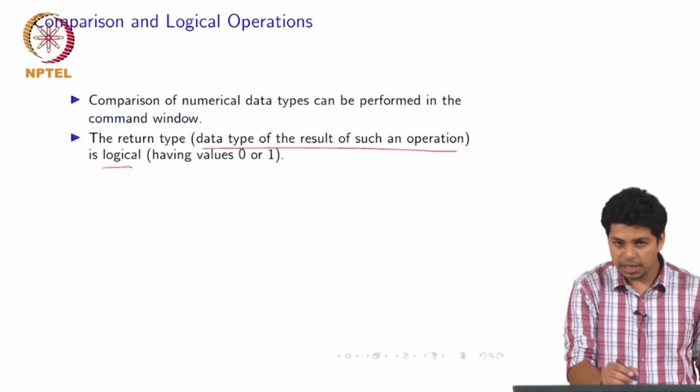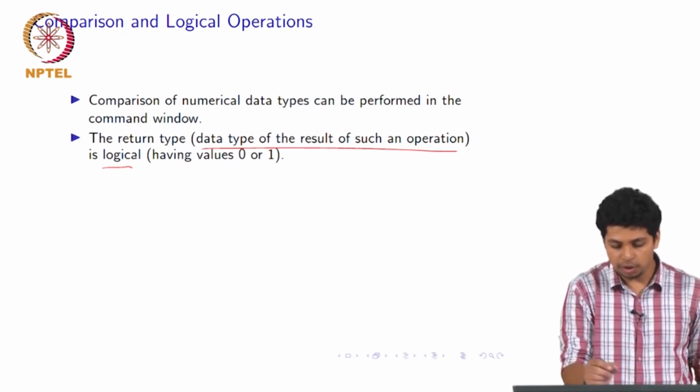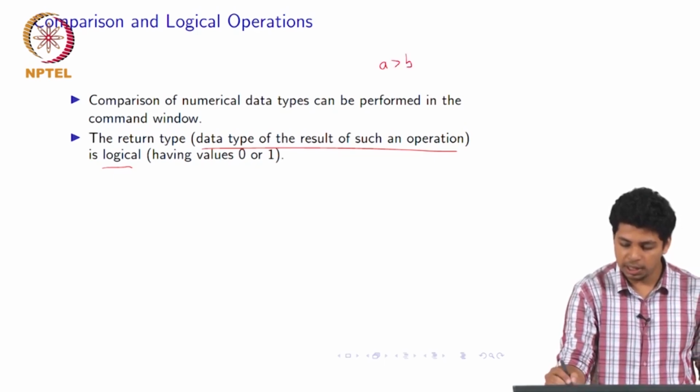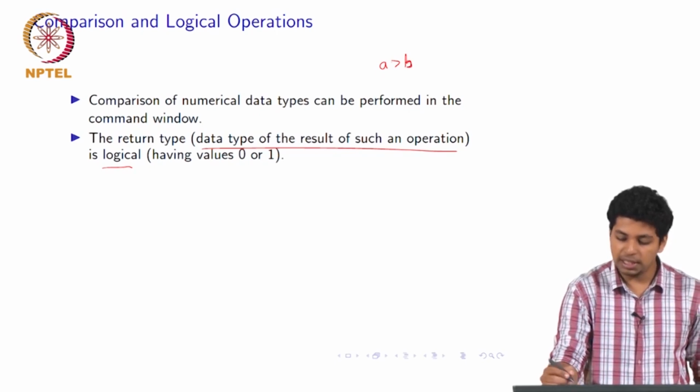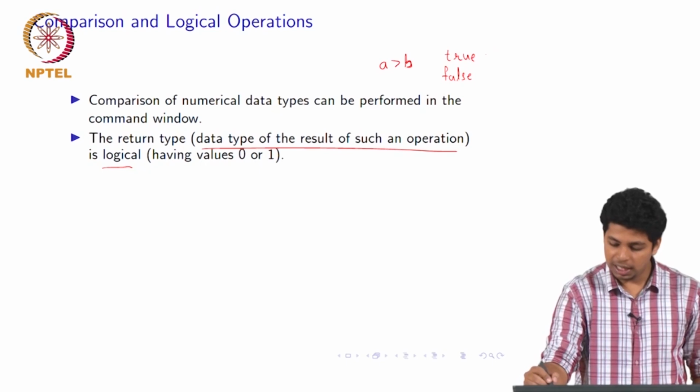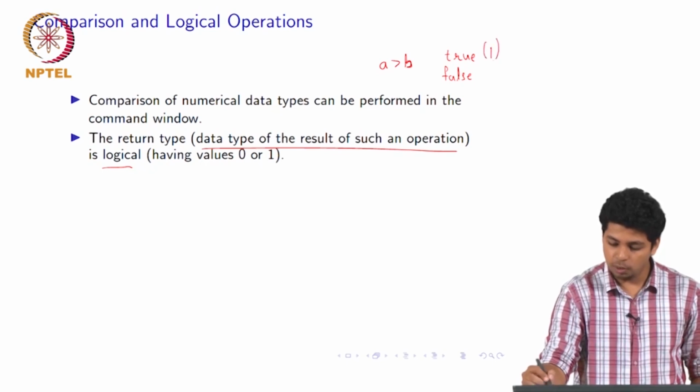If you compare any two numbers, the answer you get is true or false. Say you have performed the operation A greater than B. You are asking if A is greater than B, and if it is, you get true, and if it is not, you get false. In MATLAB, true has the logical value 1 and false has the logical value 0.